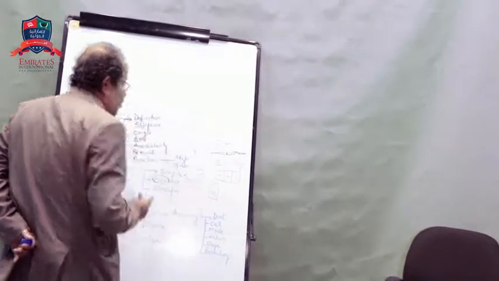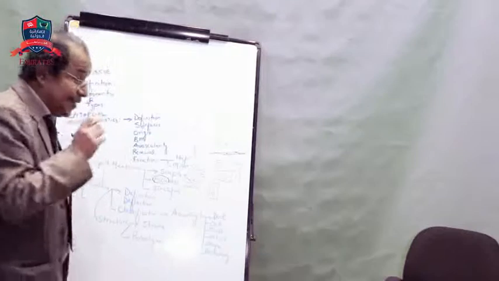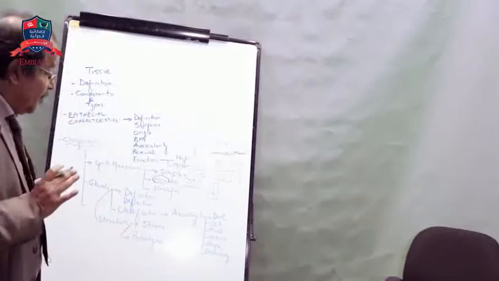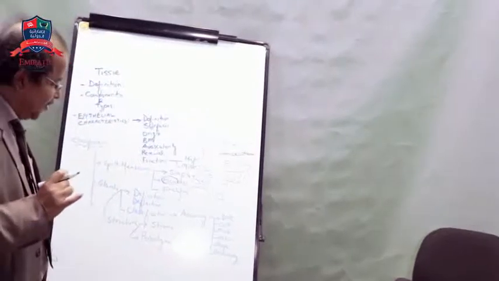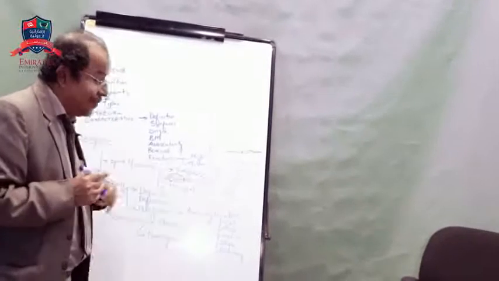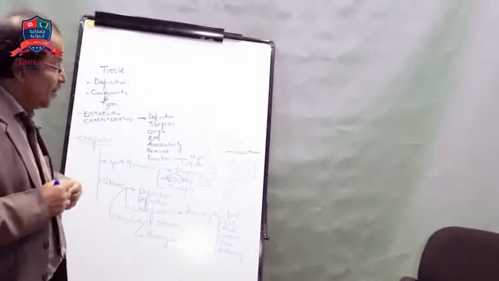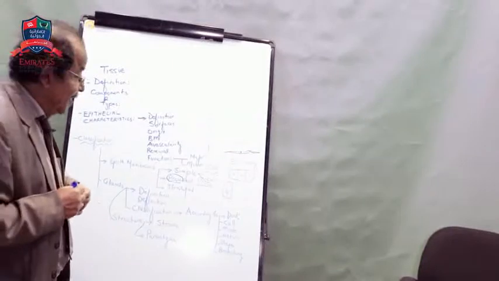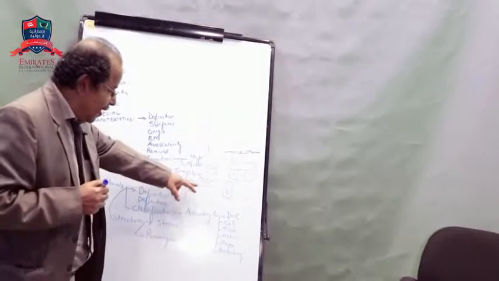And you find that the nuclei are found in different locations. Because they are found in different locations, they give you an impression that this epithelium is stratified. It is not stratified. It is actually simple.